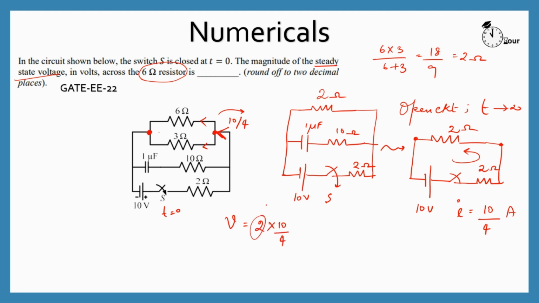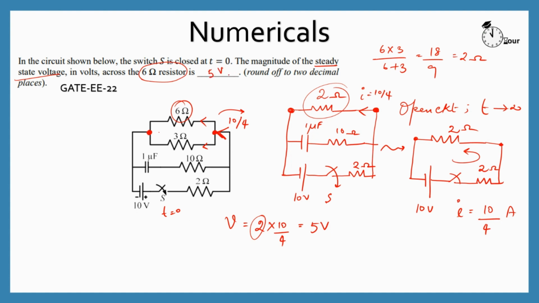Why 2? Because the parallel combination of 6 and 3 is nothing but 2. So precisely we have computed the current entering here as 10 by 4, and therefore the voltage drop across these two terminals is 5 volts, which is nothing but the drop across these two terminals, which is again the drop across the 6 ohms resistor. So the answer to this question is 5 volts.